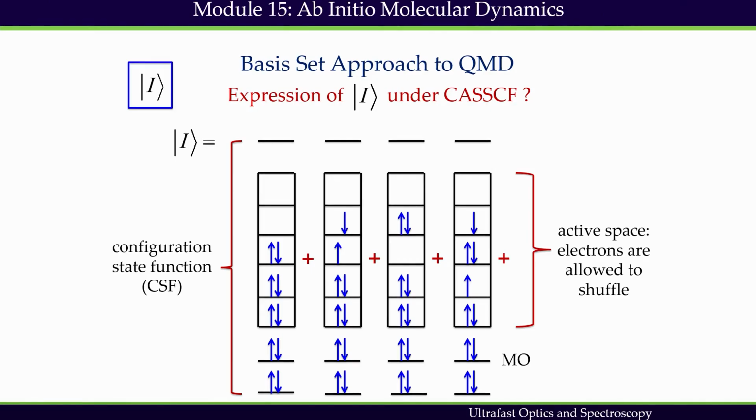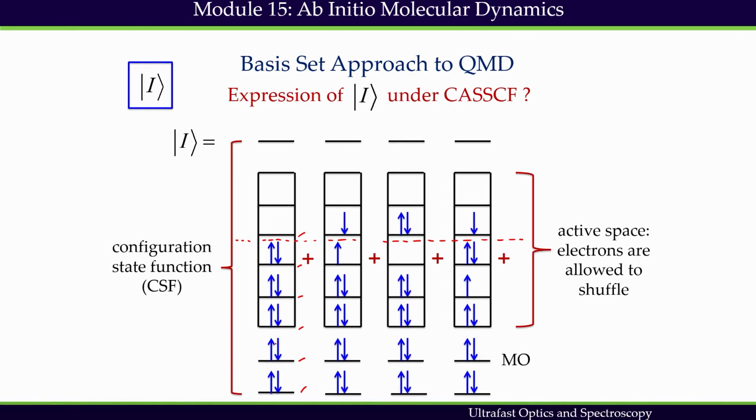Here, what we have drawn are different electronic configurations. These are the levels corresponding to the molecular orbitals, and we see that the molecular orbitals below this level are fully occupied for the first configuration. So they are doubly occupied.